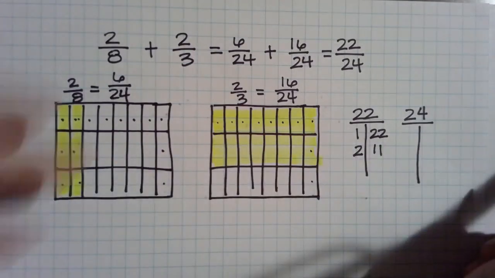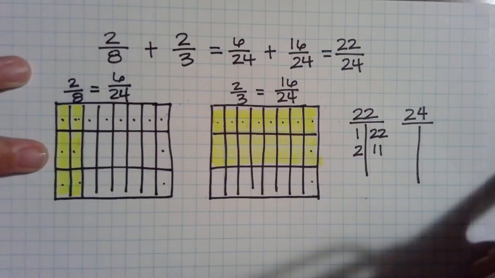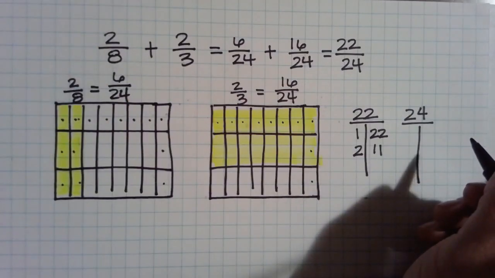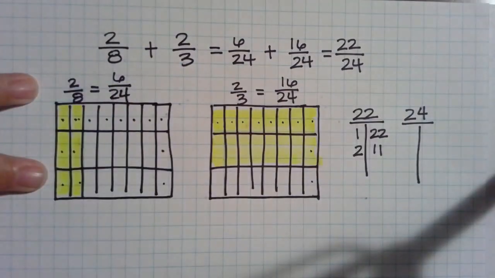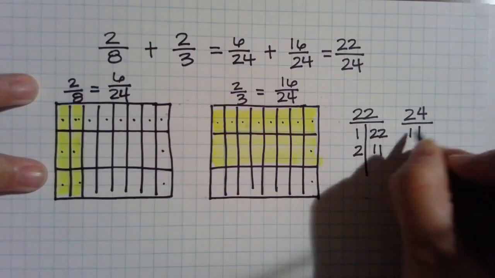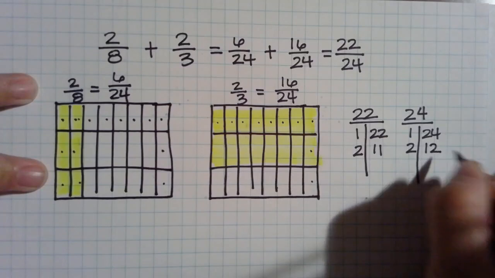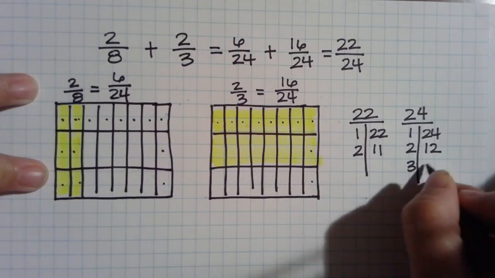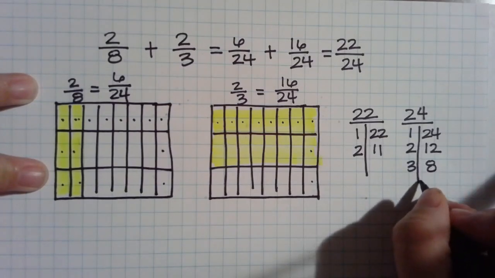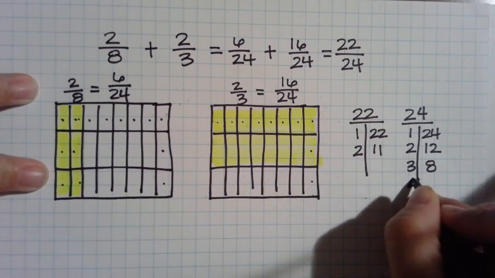Okay, factors for 24 is 1 times 24 and 2 times 12, okay, 3 times 8, and 4 times 6.